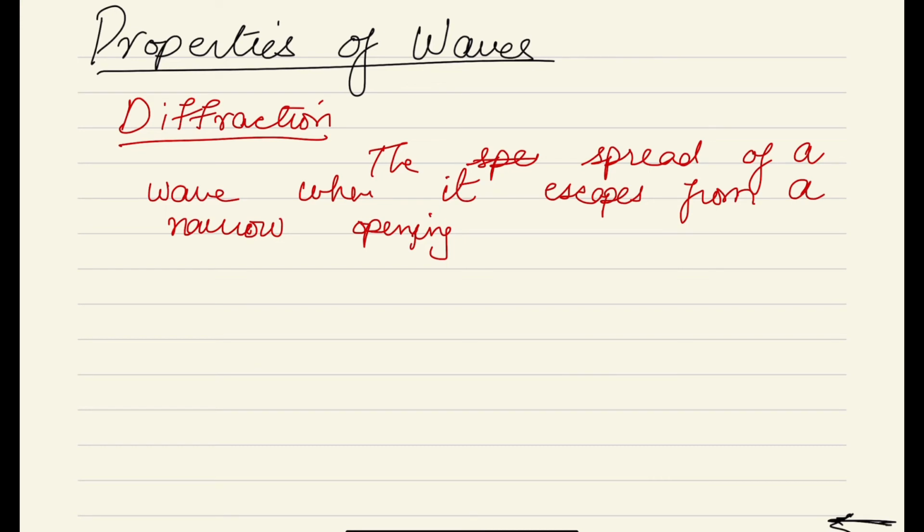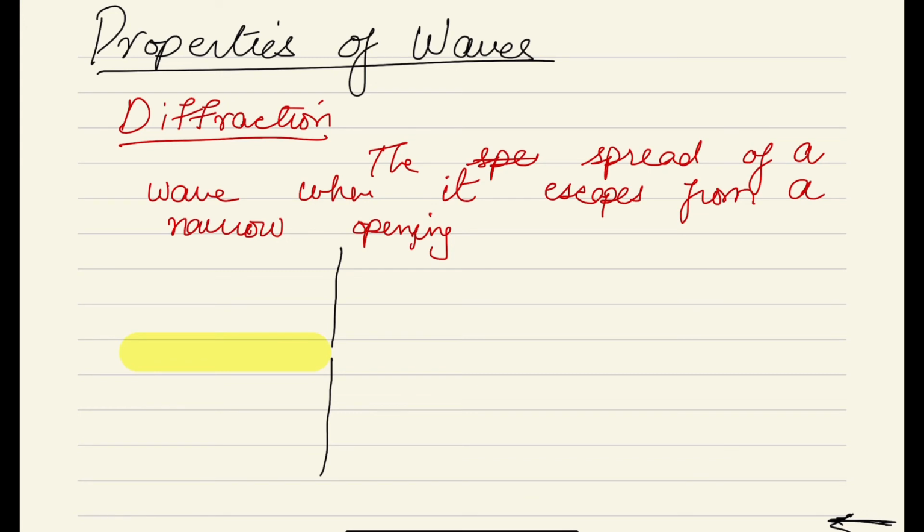For example, there's a light wave, and this is a small narrow opening right over here. A light ray is coming over here.